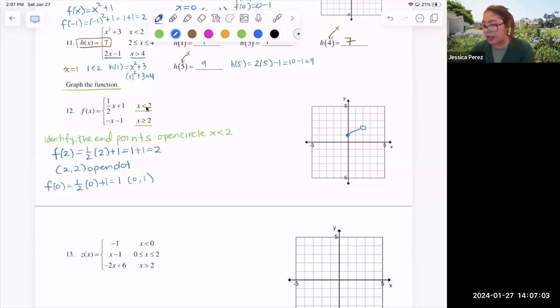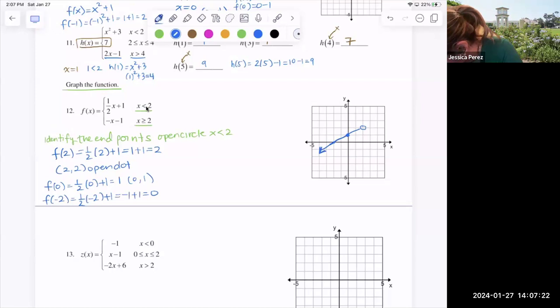I could do f of -2: 1/2 times -2 plus 1 is -1 plus 1, which is 0. So at -2, I'm at 0. So I know that my graph is tending towards this direction. It's coming from here, and it's going to stop at the 2 right here. This is an open dot.